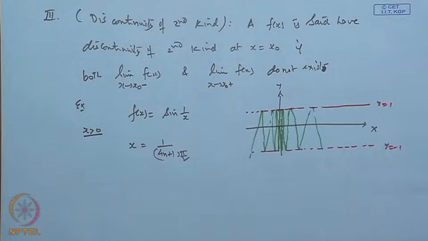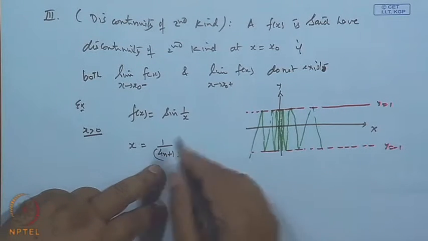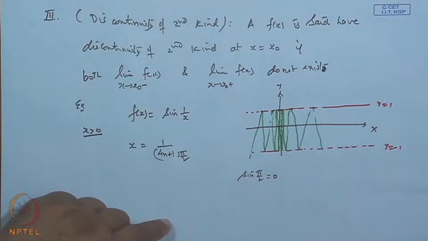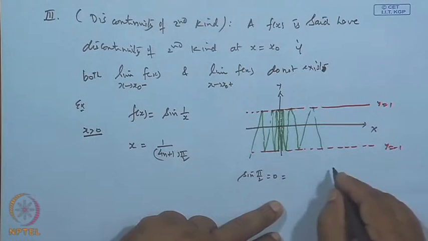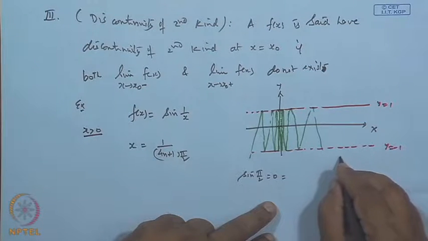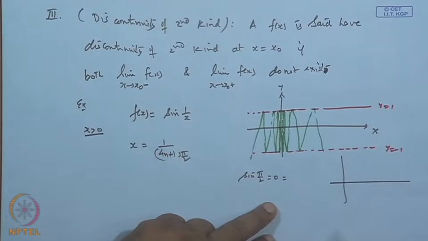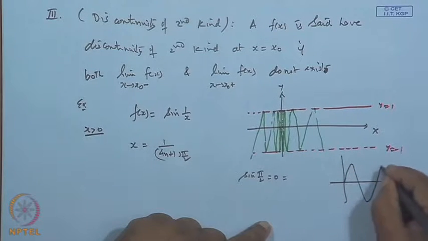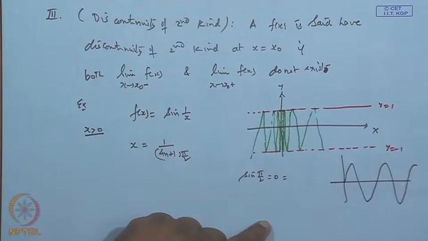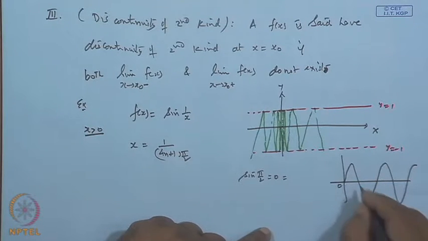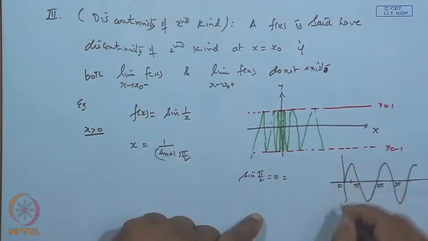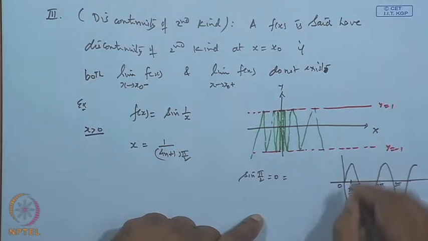What happens here? For the sine function, we know sine 0 is 0, sine pi is 0, sine 2 pi is 0, sine 3 pi is 0, and so on. But at pi by 2 it has the positive value 1.